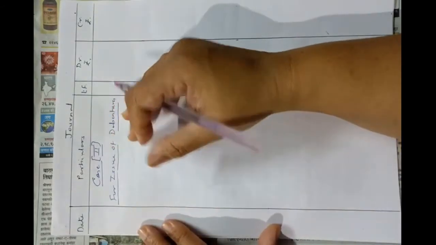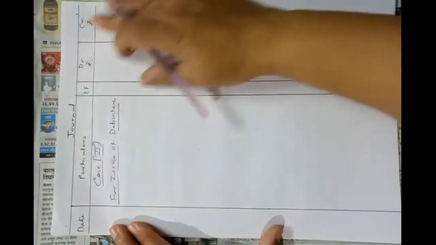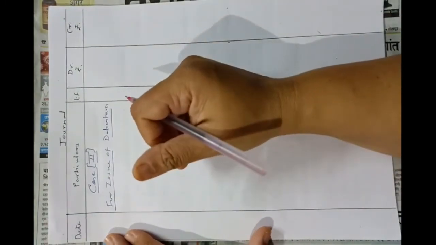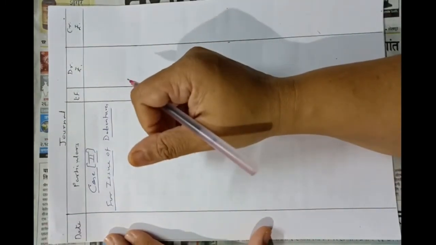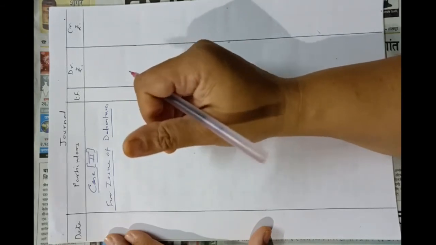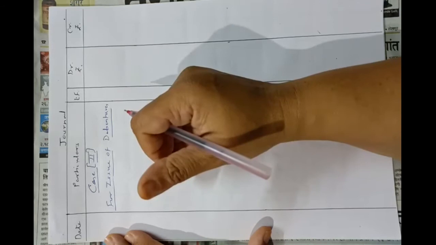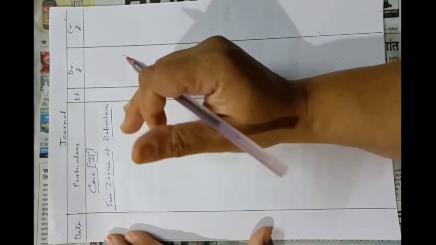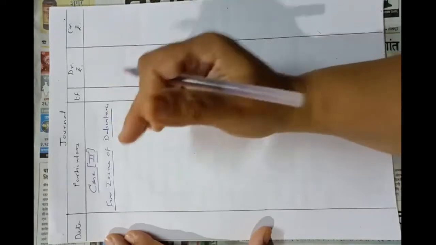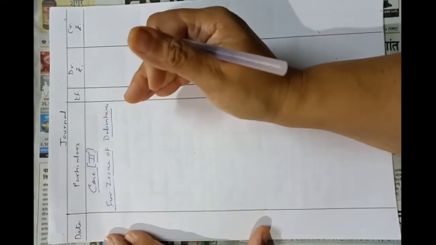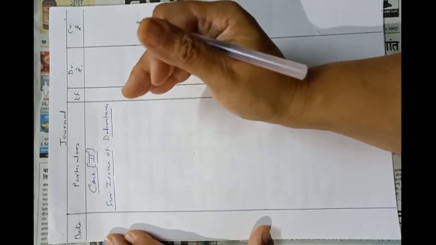First entry will be of amount received, as these debentures were issued at 5% premium, they will receive the amount 60 lakhs original face value amount plus 3 lakhs premium. Okay, so total the company will receive 63 lakhs.